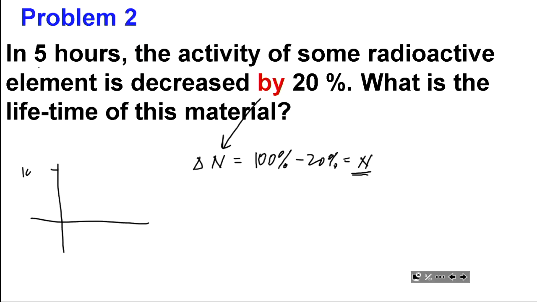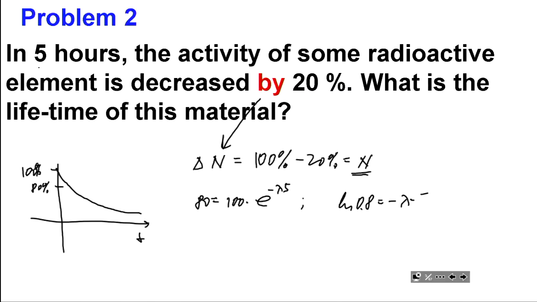Yeah, we start from 100%, but now we add 80%, and well, 80 is equal to 100 times e. And now we just have to change the number from 0.2 to 0.8. The natural log of 0.8 should be equal to this. And lifetime, which is 1 over lambda, will be equal to negative 5 over the natural logarithm. It makes it positive, of course.